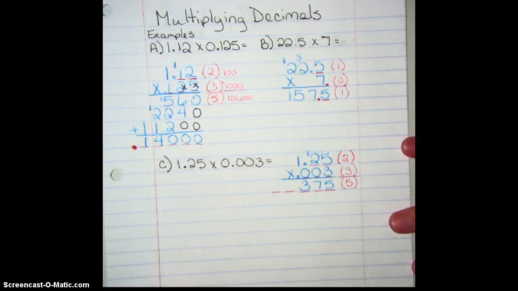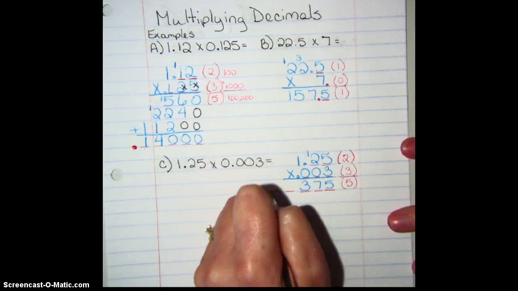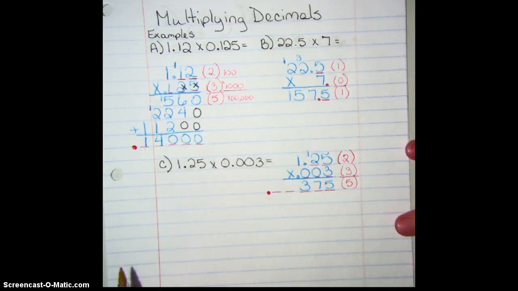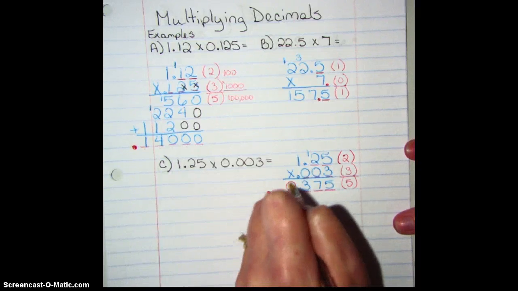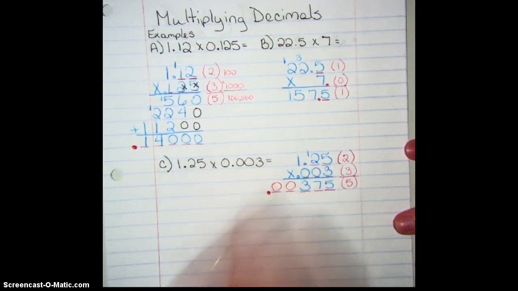I'm noticing something: I didn't have enough numbers. This is where the annex 0 comes into play. Whenever you don't have enough numbers, but you need to put in the place value and the decimal point, you need to put in, in this case, 2 annex zeros, so that I can keep in play the correct place value.